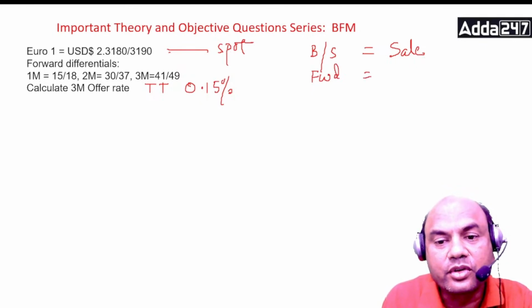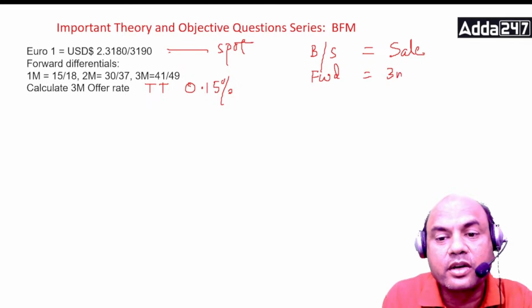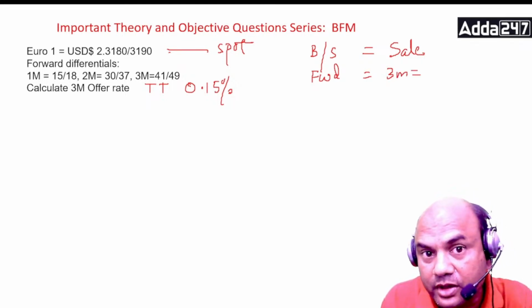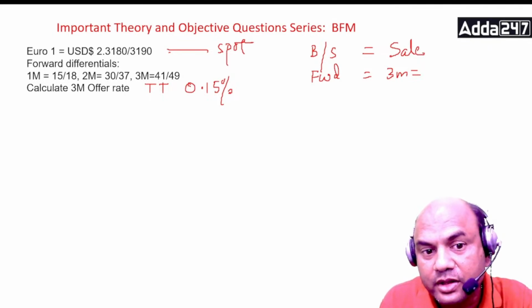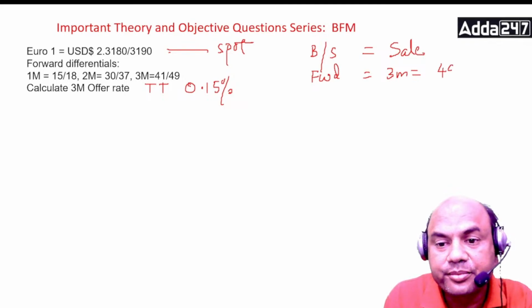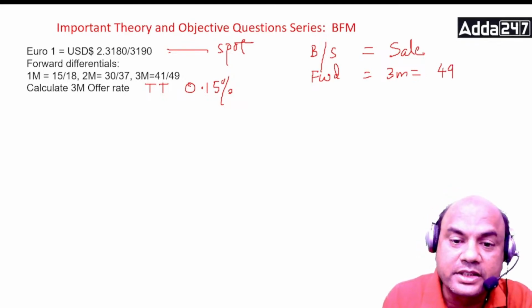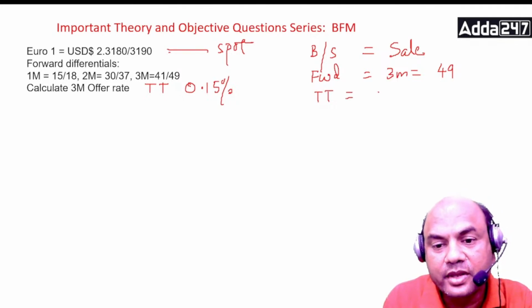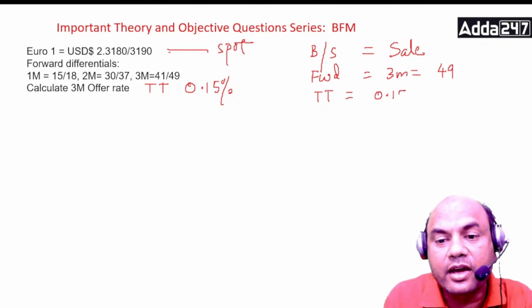Third month. What is the rate for the third month? 41 and 49. 41 or 49? I want offer, which means the right side, so 49. TT margin is given as 0.15%. So now I can take all three.